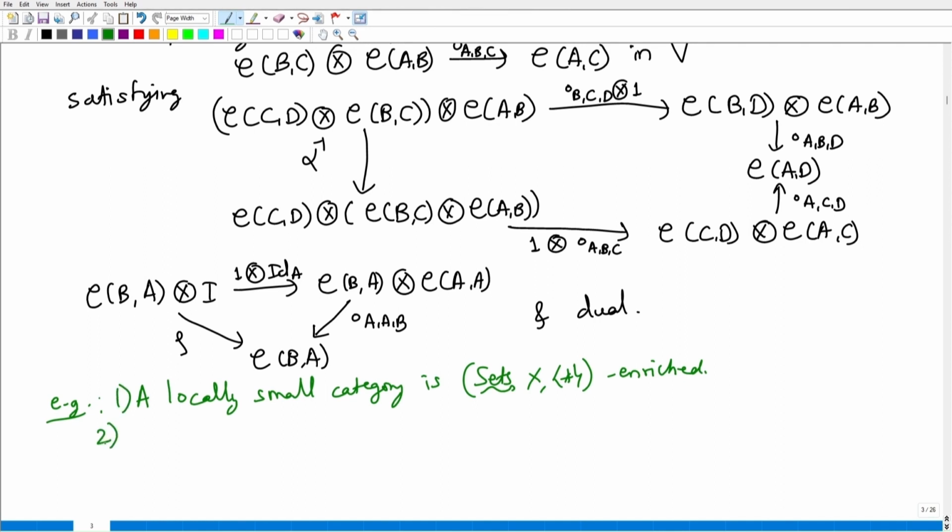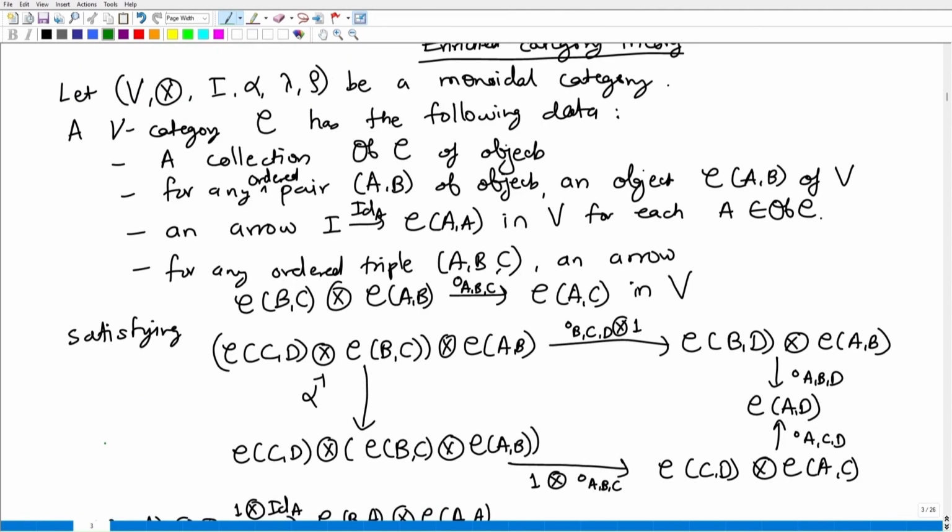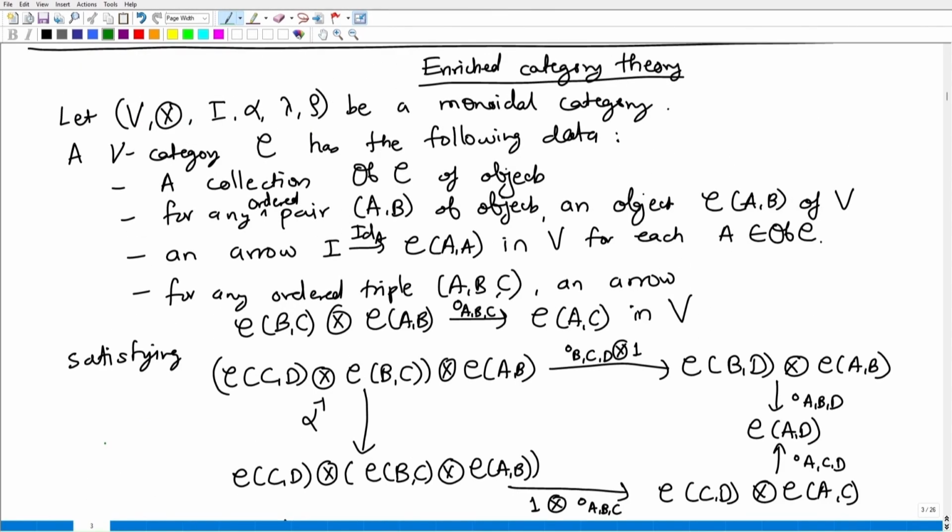I should point out something. When you look at this definition, if V is not a concrete category, if the objects of V are not sets, then it means that you cannot actually access individual morphisms in C. You understand this?